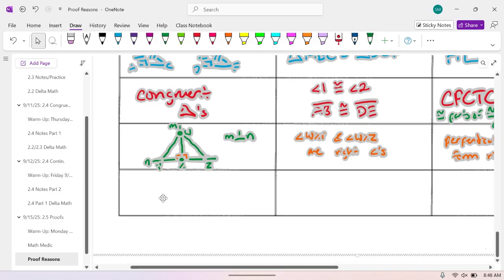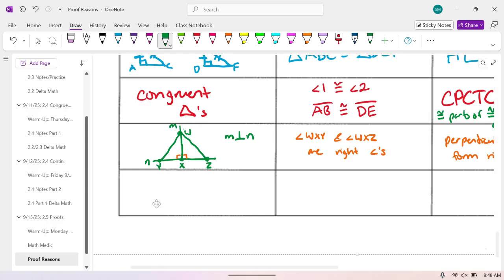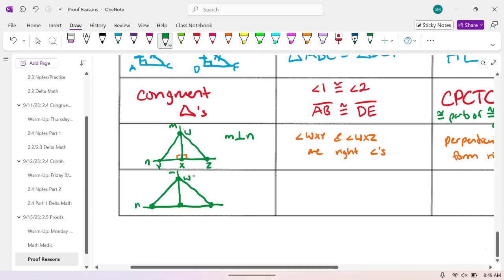All right, we're essentially going to draw the same picture for the last one. So this is line M, line N, W, Y, X, Z. But this time we're not going to claim that M and N are perpendicular. We're just going to mark that those two angles are right angles.